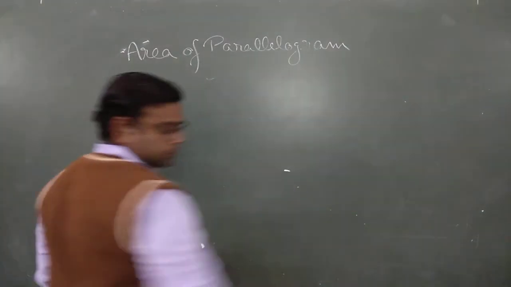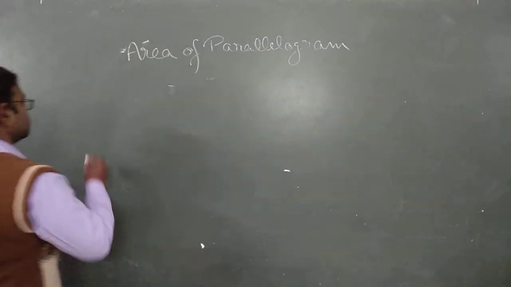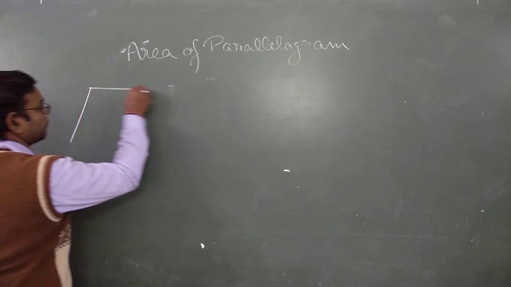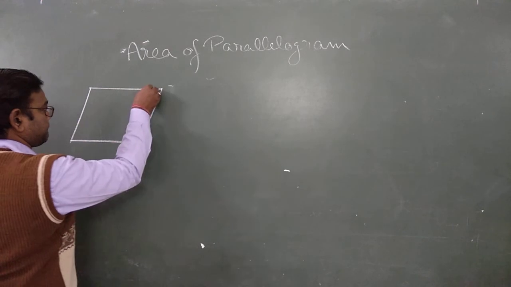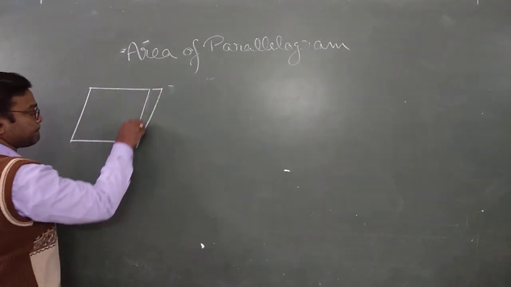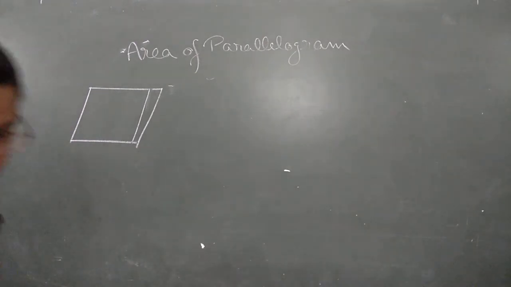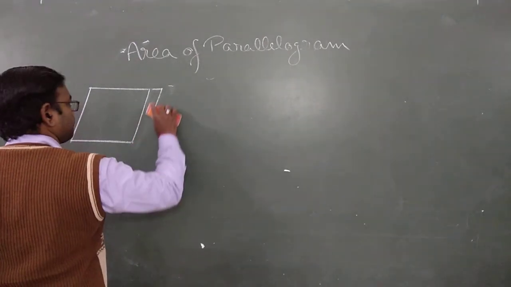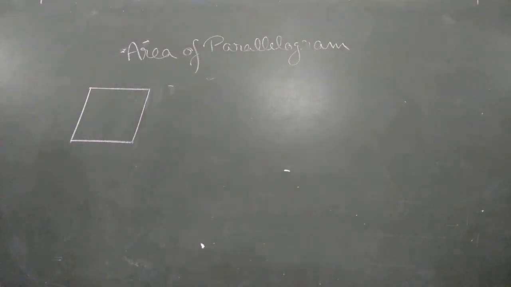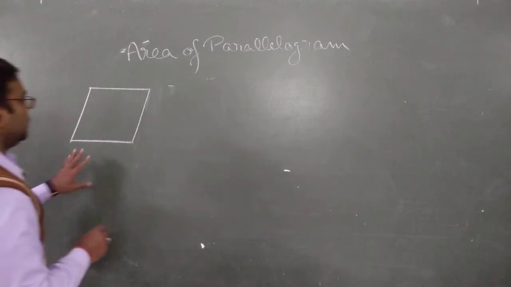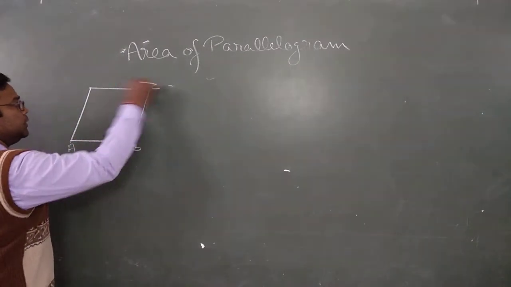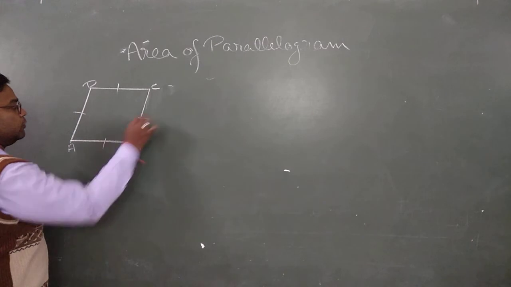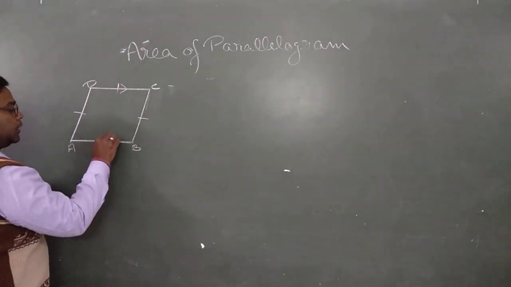In the case of a rhombus, we have some unique features. See this figure, this is your A, B, C, D. In this case, all sides are equal to each other, but opposite sides are parallel to each other.